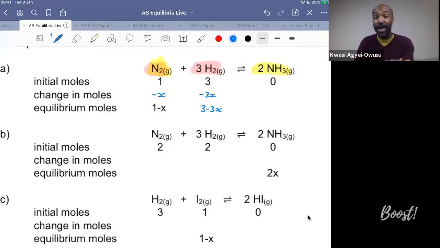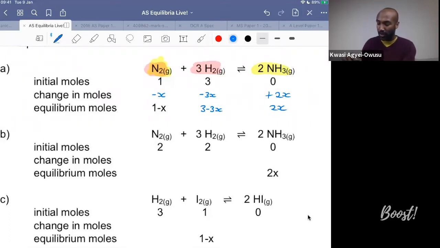So, if x moles of nitrogen is reacting, we would expect to make 2x moles of ammonia. Okay, so we've got plus 2x moles of ammonia being made, and therefore at equilibrium we've got 0 plus 2x to give us 2x moles of ammonia. So, the same exercise, but in more abstract terms, not using actual numbers.